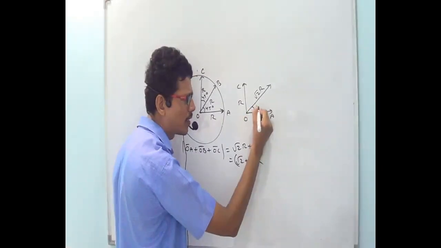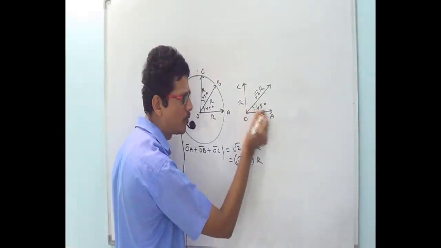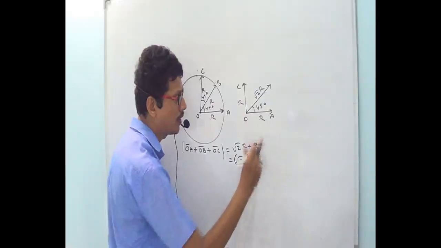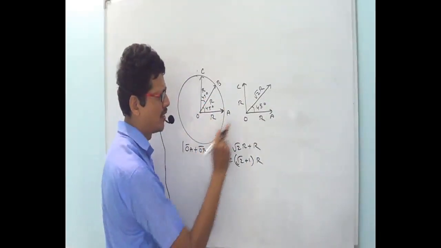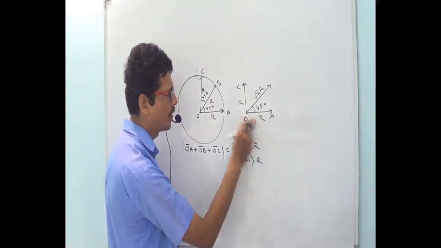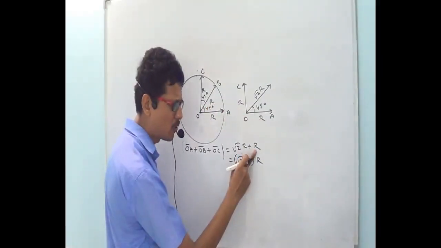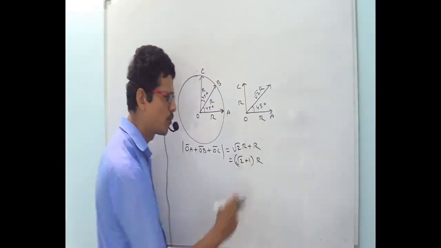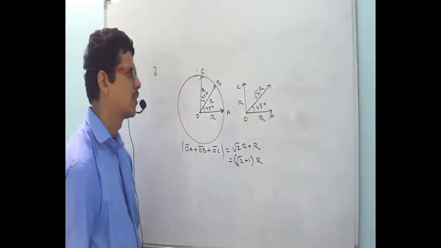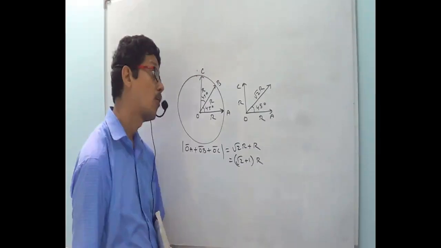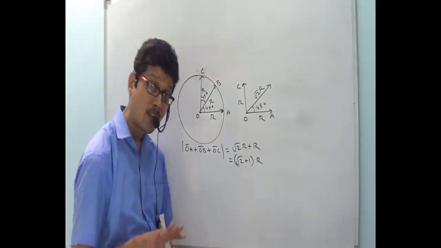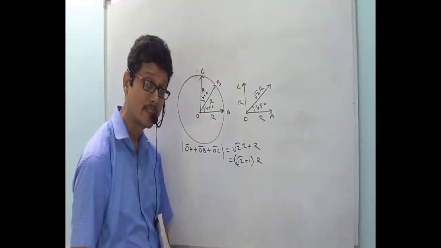And resultant will be making angle 45 degrees because the angle between the two vectors is 90. And the resultant of this should be added with OB bar. OB bar means R only, na? Okay, I will note down this. Resultant of OA and OC will be along OB, so we can add it.